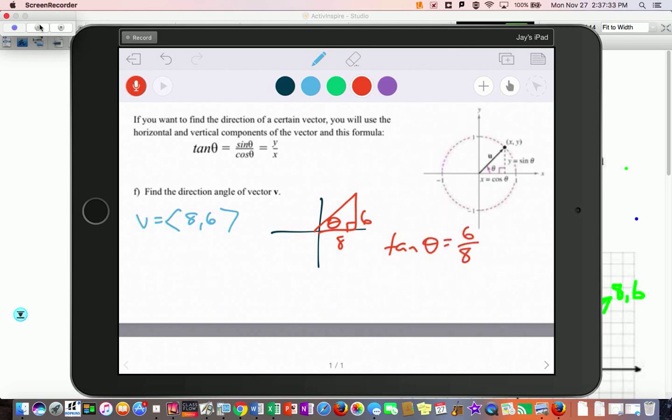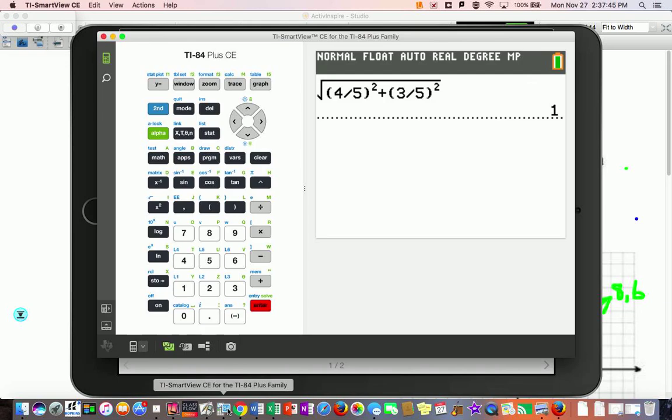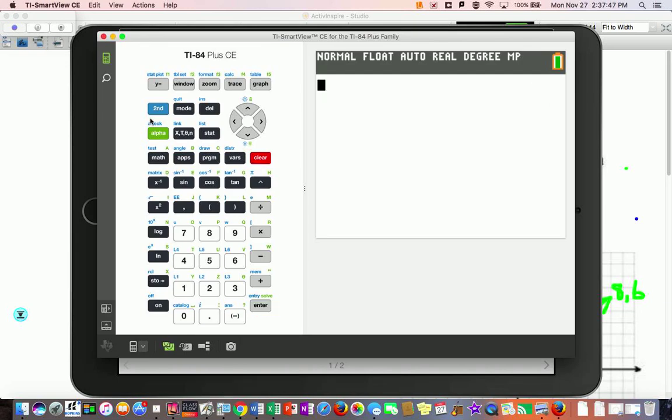Opposite over adjacent, and you do the inverse tangent on both sides. And so on a calculator, if you do the inverse tangent of 6 divided by 8, it'll tell us that we're about 36.87 degrees.